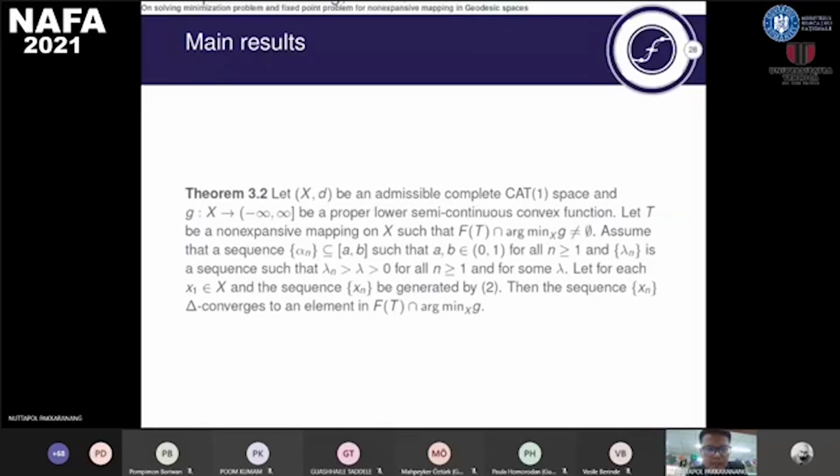We assume alpha n satisfies this condition. So the sequence xn generated by Algorithm 2 delta converges to an element of the common solution set of the fixed points and minimizers.